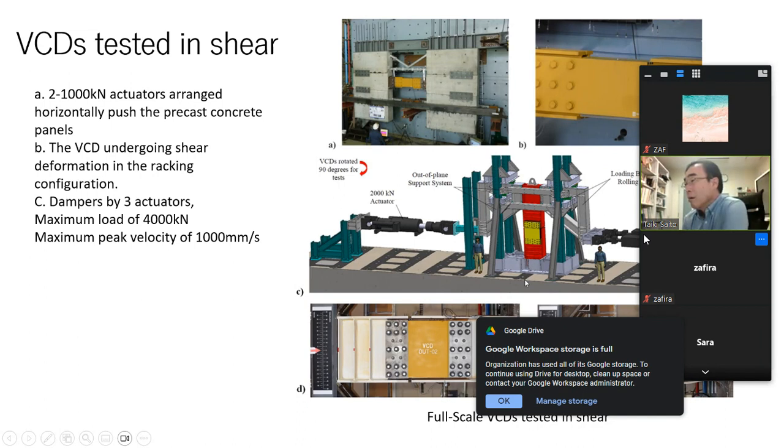The bottom of the viscoelastic coupling damper is fixed to the floor, and the top is swayed in two directions.